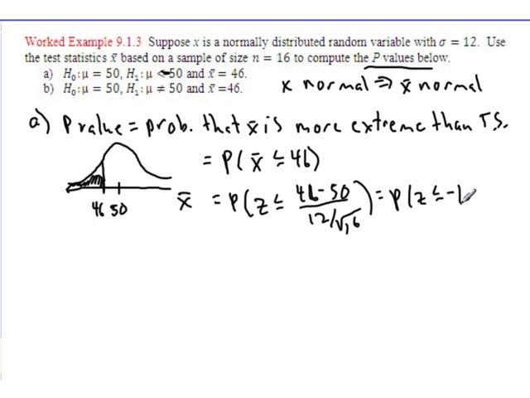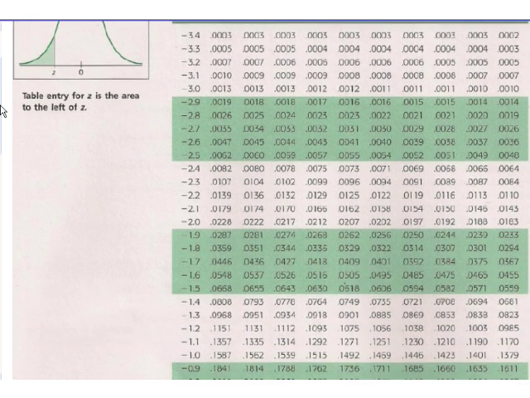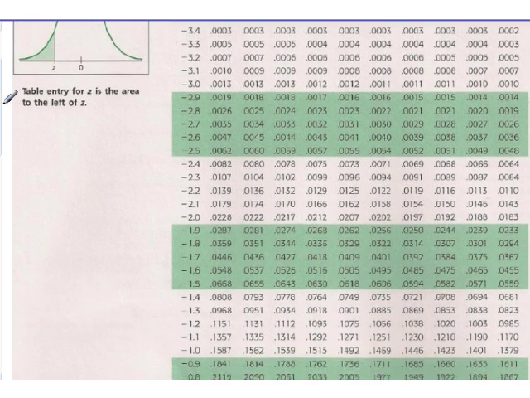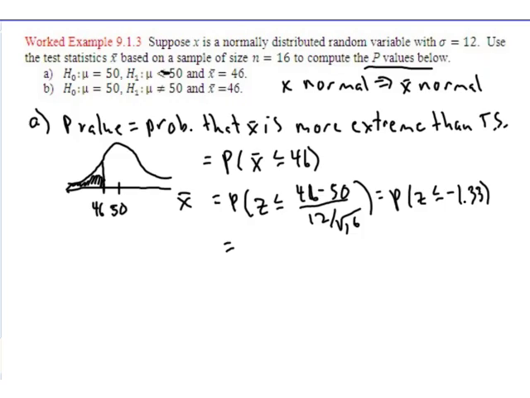And on my calculator I get negative 1.33. So we look this up on our z table and we have our answer. Negative 1.33 gives us probability of 0.0918. So our p-value is 0.0918.